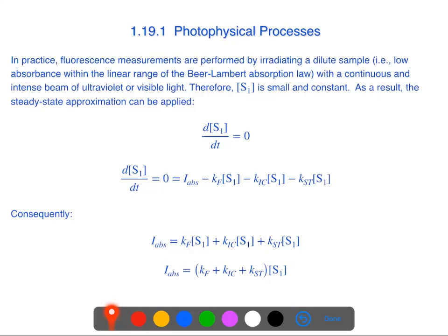In practice, fluorescence measurements are performed by irradiating a dilute sample, that is, a sample with a low absorbance within the linear range of the Beer-Lambert absorption law. As well, it's irradiated with a continuous and intense beam of either ultraviolet or visible light. As a result, the concentration of S1 is generally small and constant.